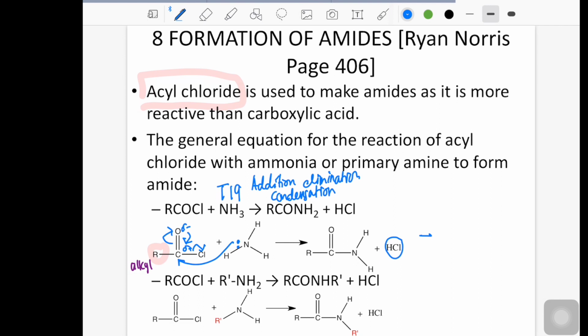Notice that initially you have 3 hydrogen, but in the product you only have 2 hydrogen. If you look at your notes at topic 19, you will know what happens to the hydrogen. The new bond that you are forming is this C single bond N.